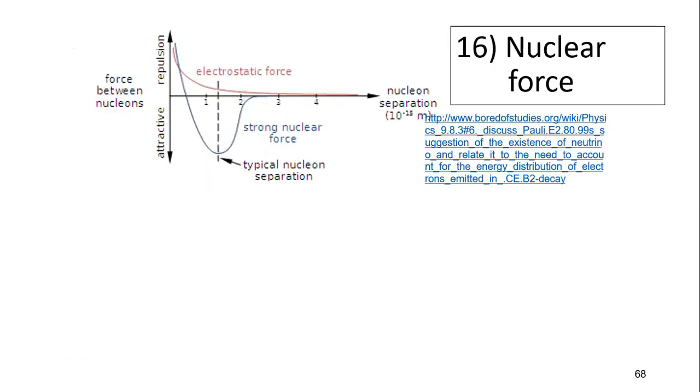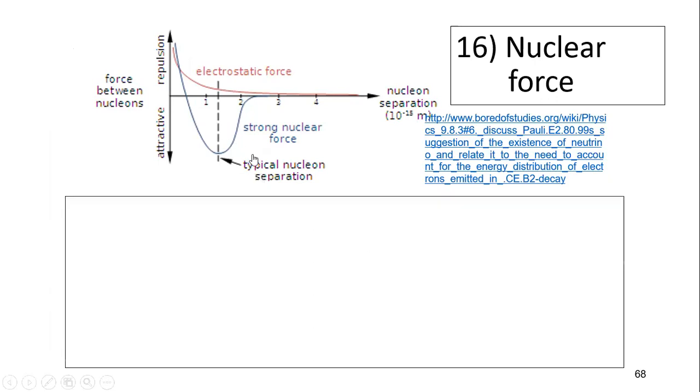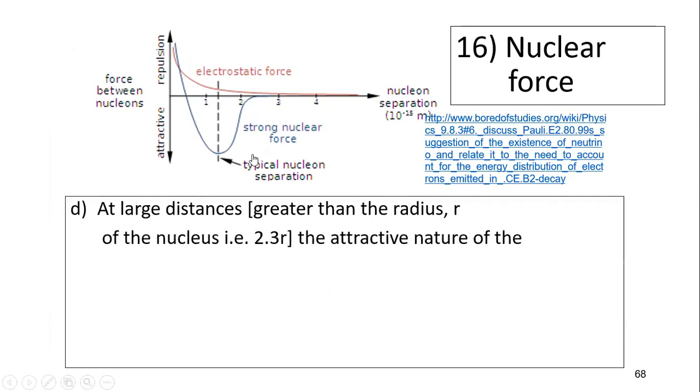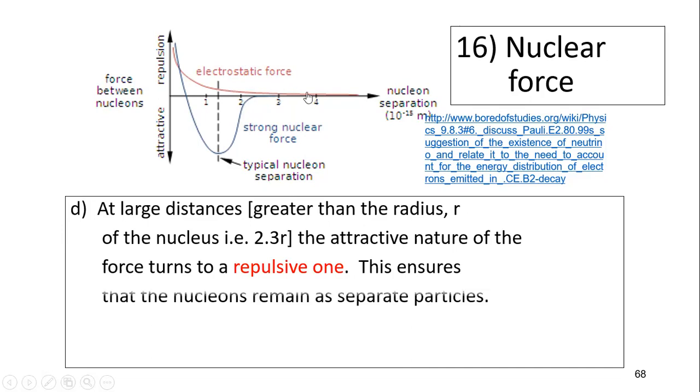That roughly shows you the strength of the nuclear force. At large distance, greater than about 2.3 times the radius, the attractive force is almost zero. Only the repulsive force is still acting. This ensures that the nucleons remain as separate particles.